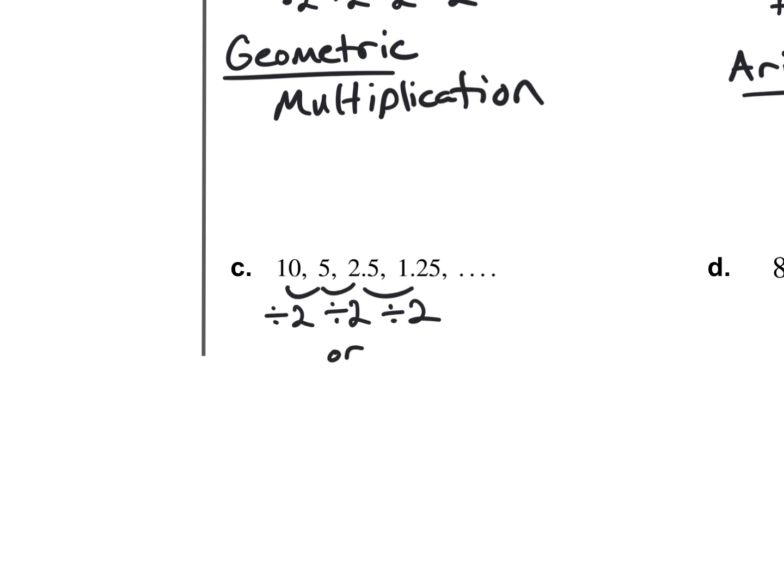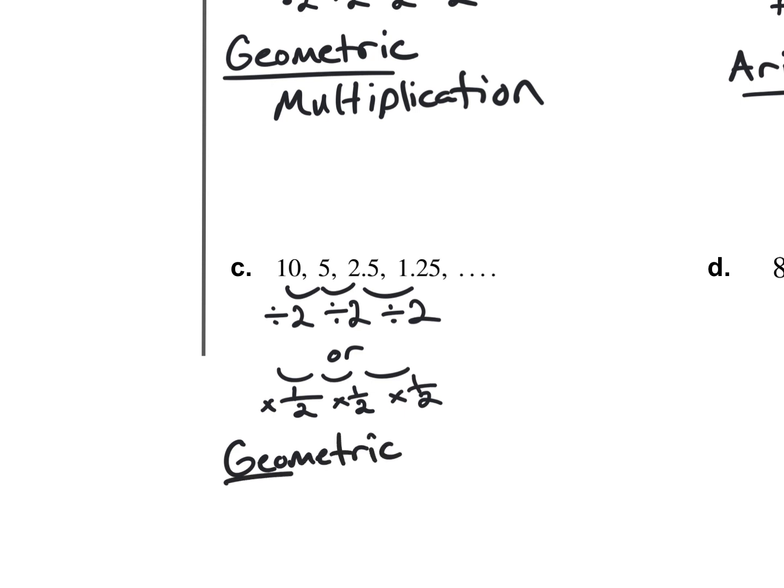It's another way of saying we're going from 10 to 5 by not just dividing by 2, but also multiplying by 1 over 2. So we can change that division simply to a multiplication. Our common ratio would be 1/2, and therefore this is a geometric sequence. Because we know it's multiplying, we know that this sequence has to be geometric.